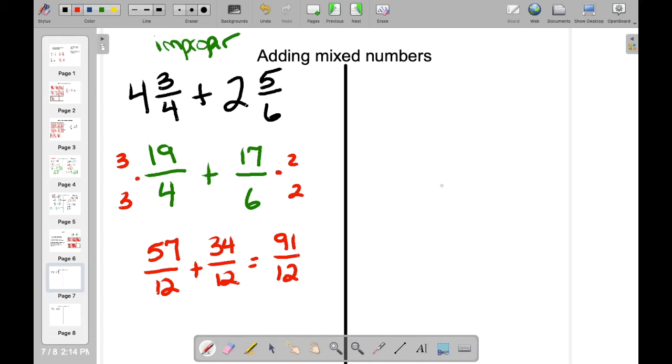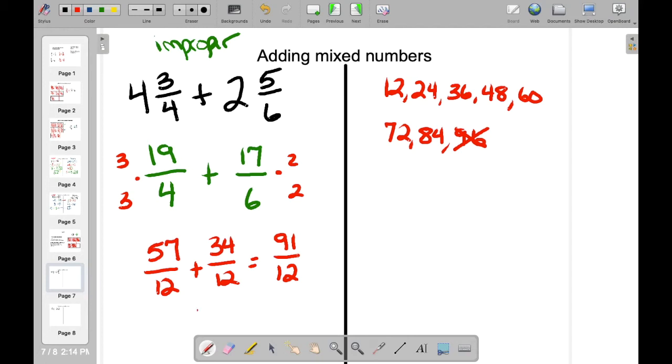Okay, so now we need to figure out how many whole numbers we have. And so I'm going to skip count 12s. So that's 1 whole number, 2, 3, 4, 5, 6, 7, and 8 is too big.